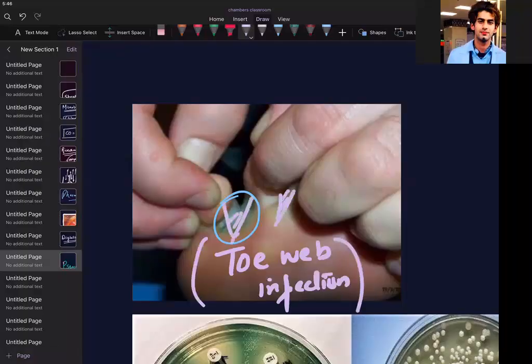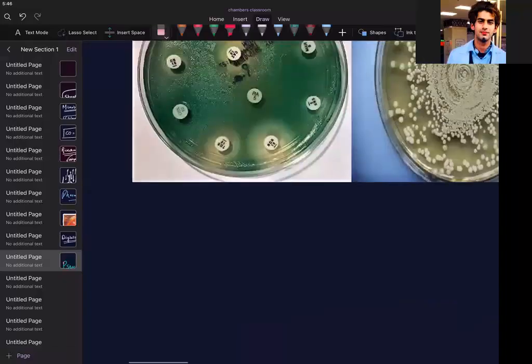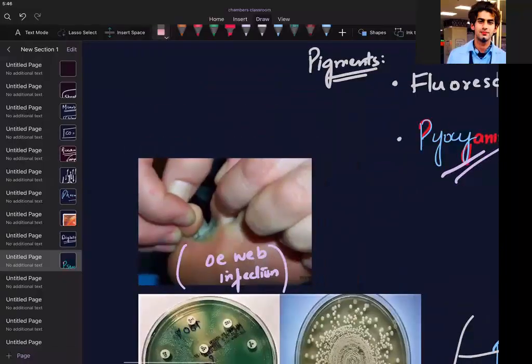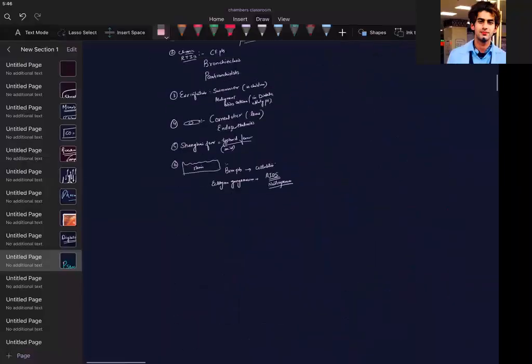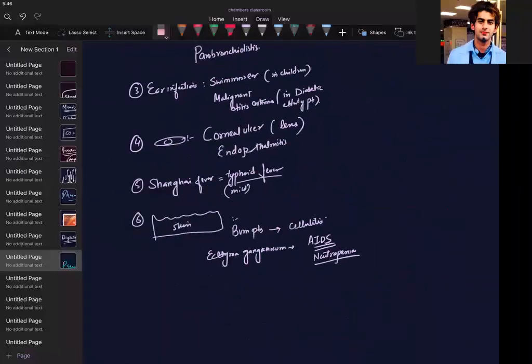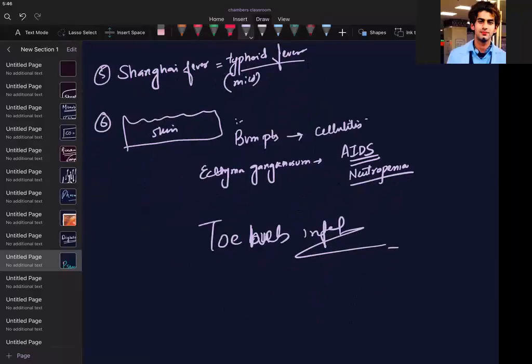So this toe web infection is being caused by Pseudomonas, and this will come under the skin. And it causes green nail syndrome.